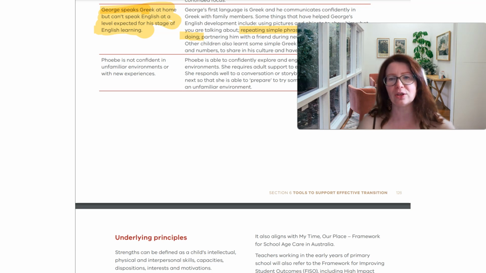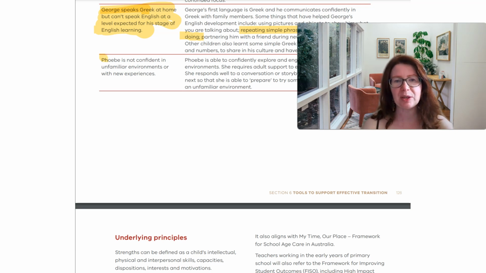Other children also learn some simple Greek words and greetings, colors and numbers to share in his culture and have him feel a part of the group. So as you can see, you immediately notice that this center welcomes George's culture and works within his multiple intelligences, and of course is culturally responsive, but strengths-based too.